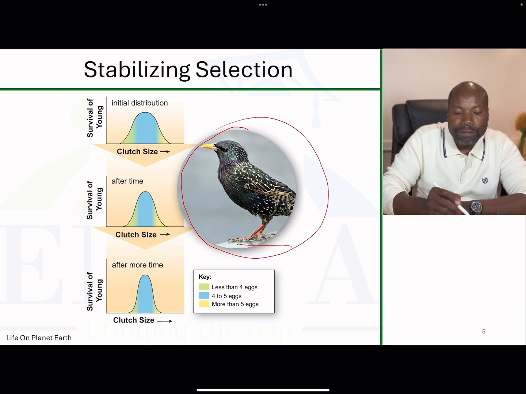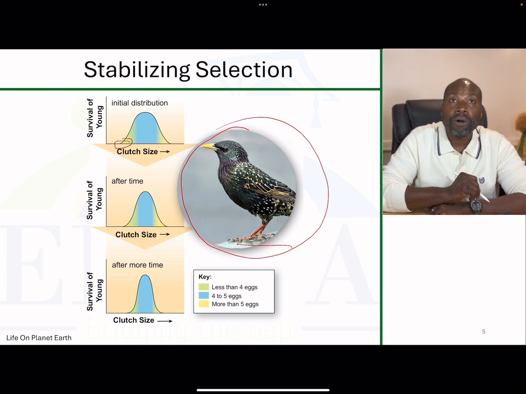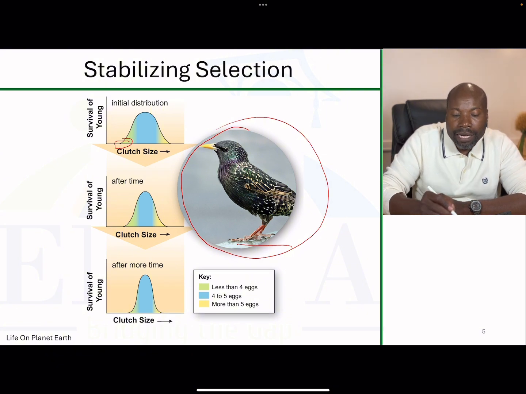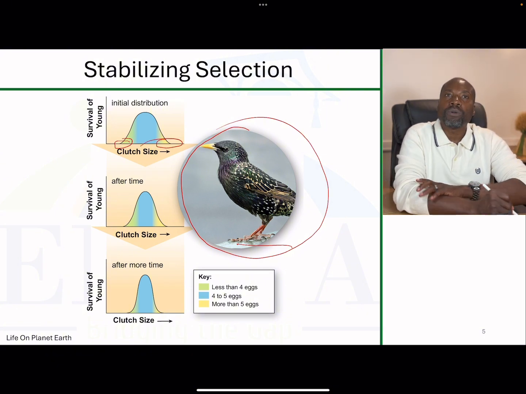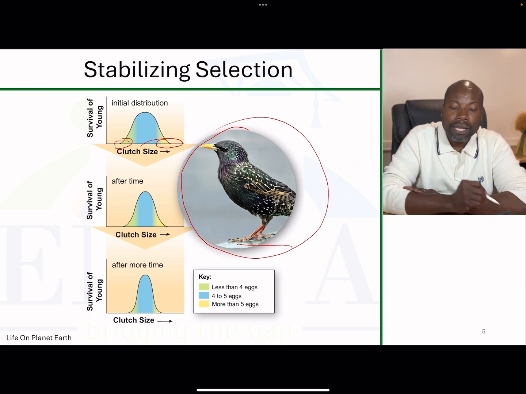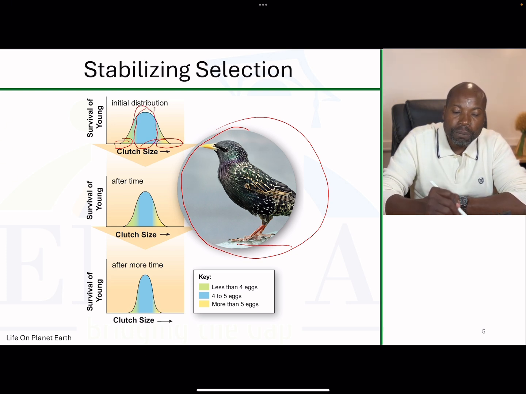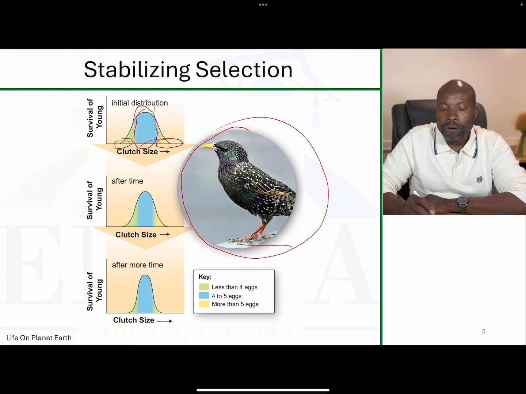There are fewer individuals that are going to lay less than 4 eggs. There are a limited number of individuals that are going to lay more than 5 eggs. The vast majority is going to be right here, laying 4 to 5 eggs, right?